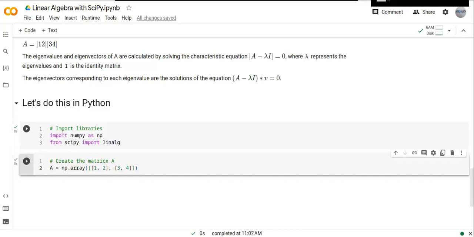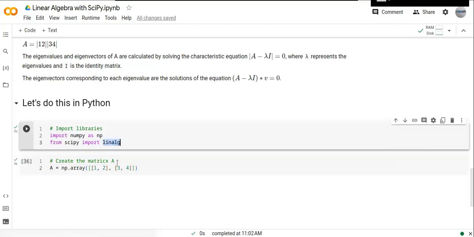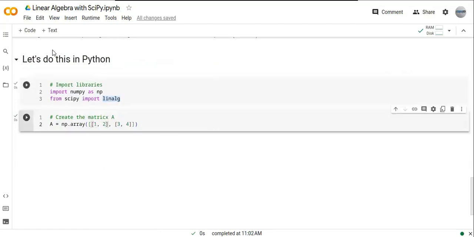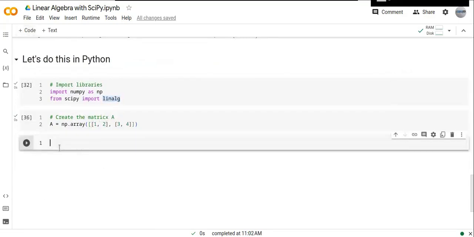Don't forget to import the required libraries, NumPy and SciPy linalg. Now, once we create our matrix A, we can solve for the eigenvalues and eigenvectors using SciPy. Let's do this.